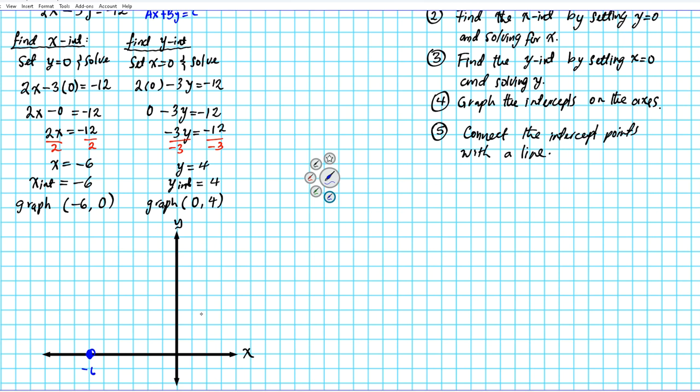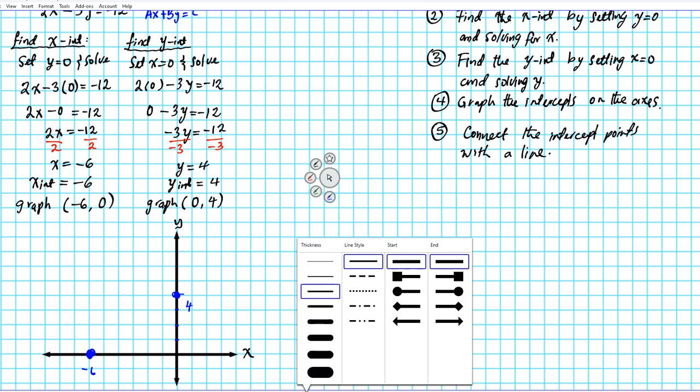All right, and then you graph your y-intercept, which is 0, 4. So 1, 2, 3, 4. This right here. Bam, that's your y-intercept. Okay, so we have our intercepts graphed. So we just simply do step 5, which is to connect the intercepts with a line.